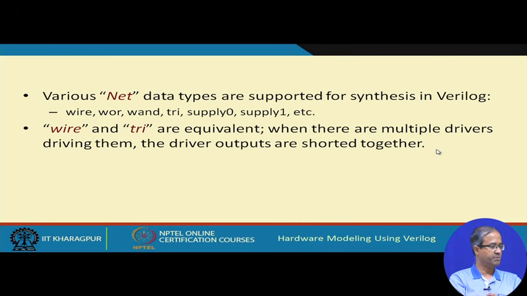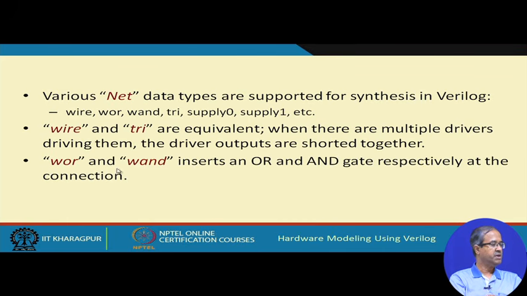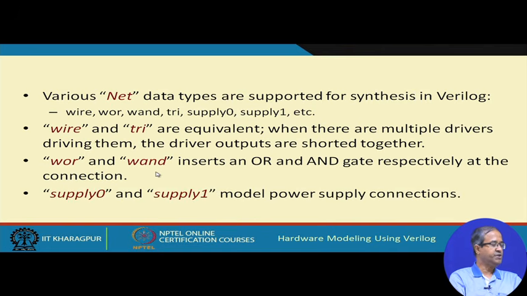I will show an example later. For wired OR and wired AND, the outputs are also shorted together, but there will be an OR and AND function at the junction. Again, I have an example here that I shall show. And sometimes you may need to specify your power supply line VDD and ground. So, there are two special data types, supply 0 and supply 1, that indicate connections to ground and connection to VDD.